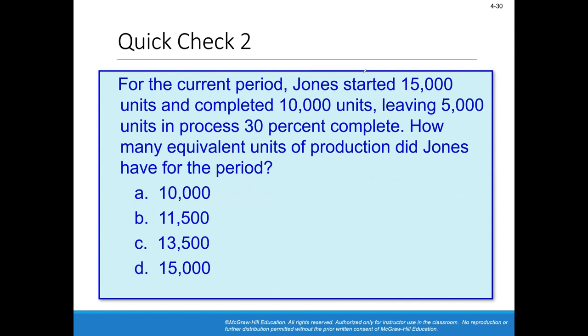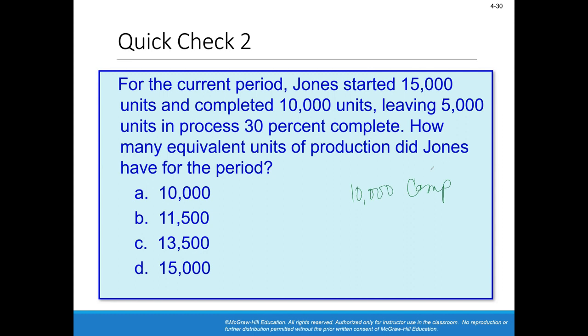All right, so we have a total of 15,000, and he tells us that in this example, we have 10,000 units we know that are completed. So these are done, these are complete. And then it has 5,000 units that are partially completed, they're at 30%. Okay, and it wants to know how many equivalent units of production did Jones have for the period.